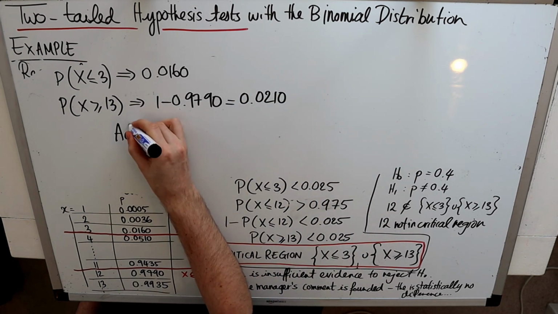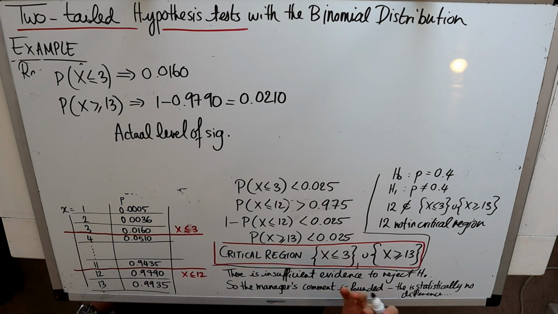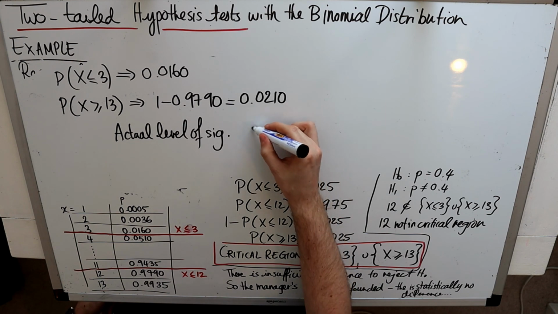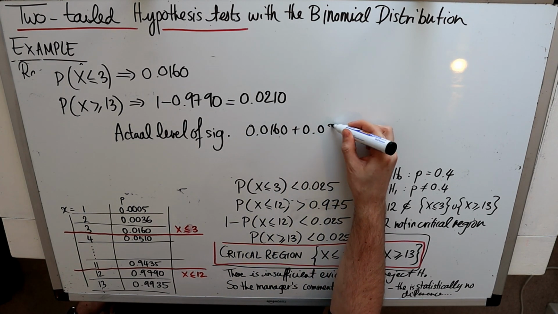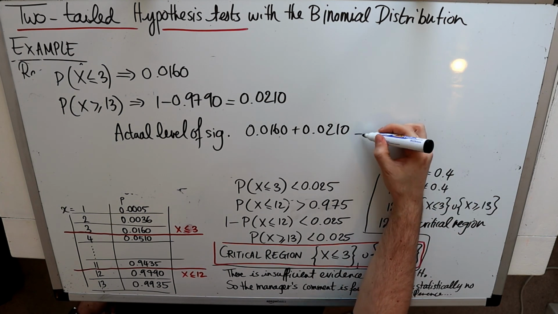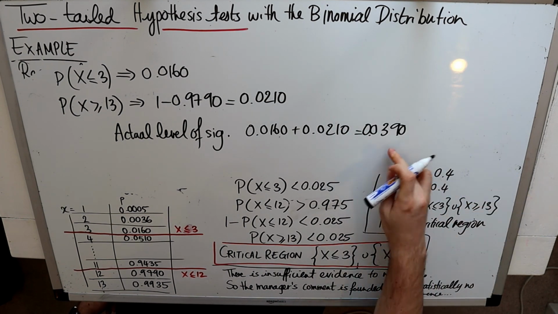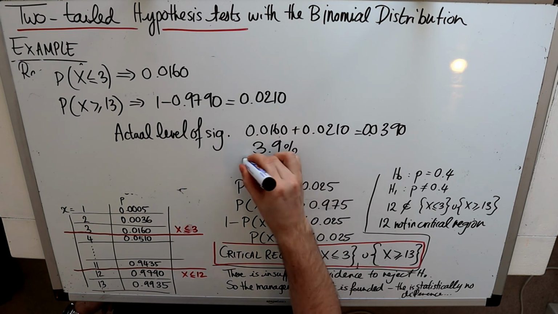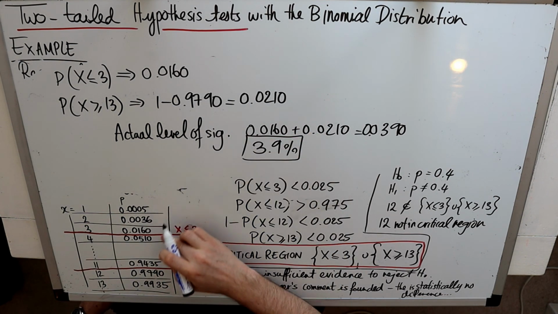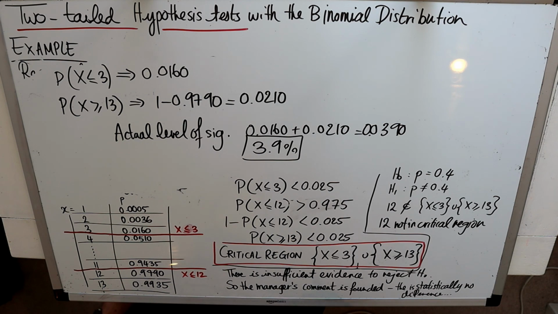So the actual level of significance, instead of the 5%, because these are both less than 2.5%, is just going to be 0.0160 plus 0.0210, giving us 0.0390. So the actual level of significance is 3.9% instead of 5%, because there's nothing between that and when it goes over.